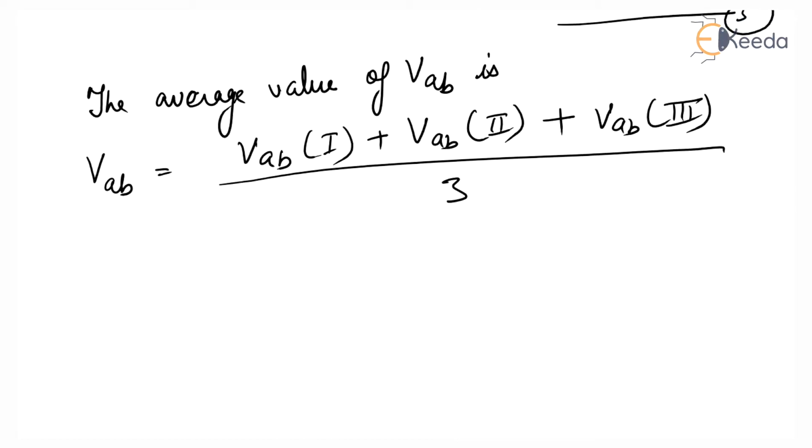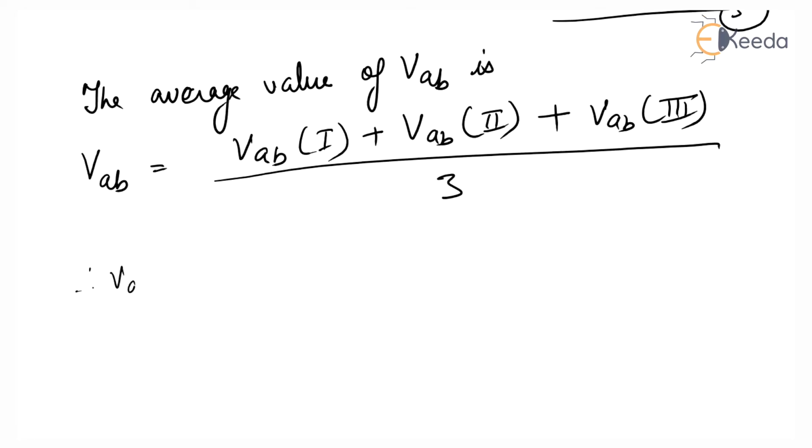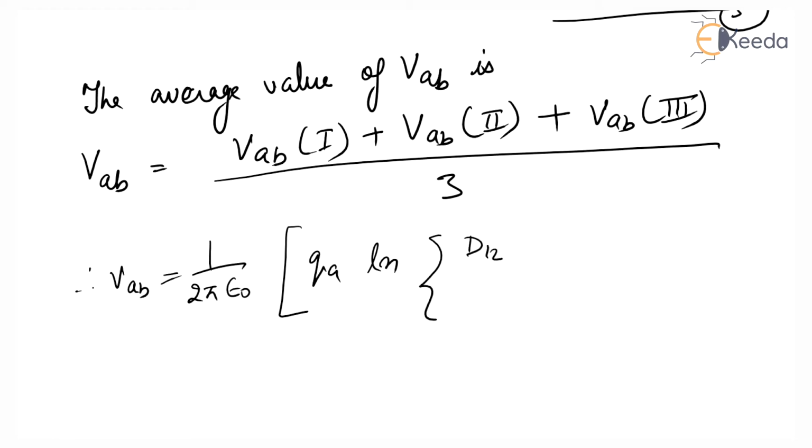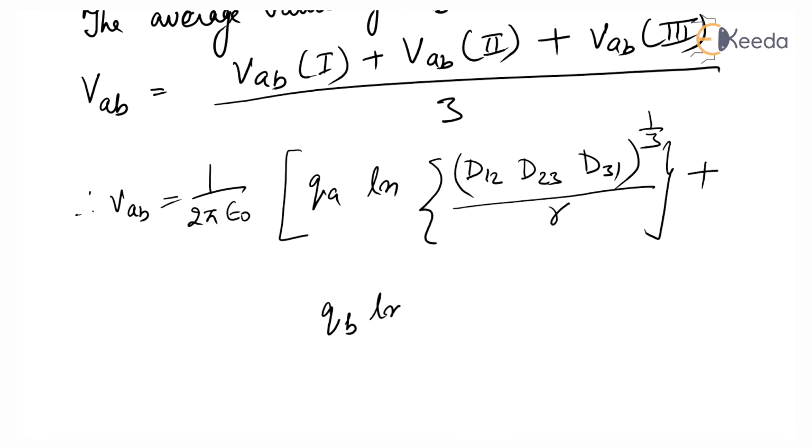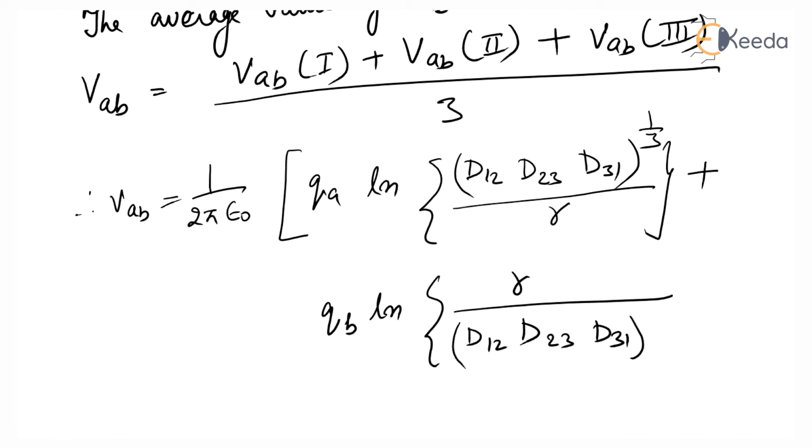Therefore, put the values, and VAB is equals to 1 upon 2 pi epsilon naught, QA log (D12 D23 D31) to the power 1 by 3 by r, plus QB log r upon (D12 D23 D31) to the power 1 by 3.